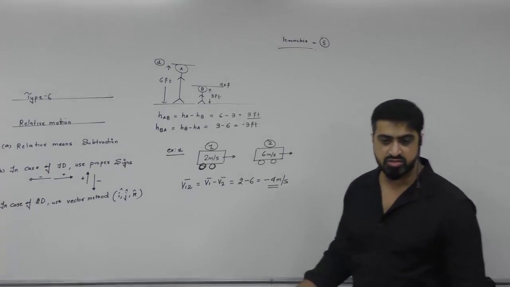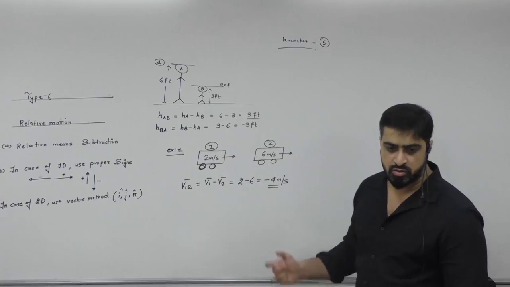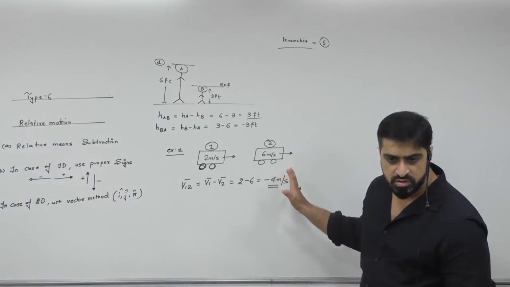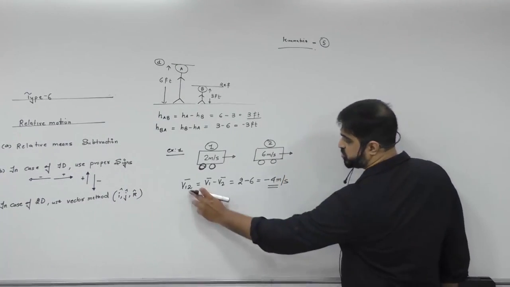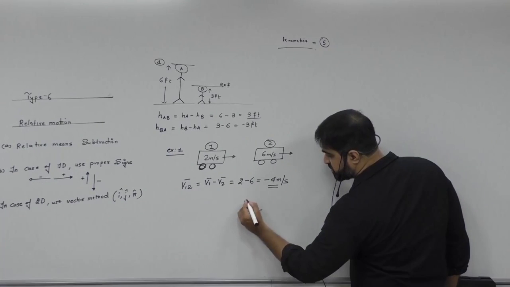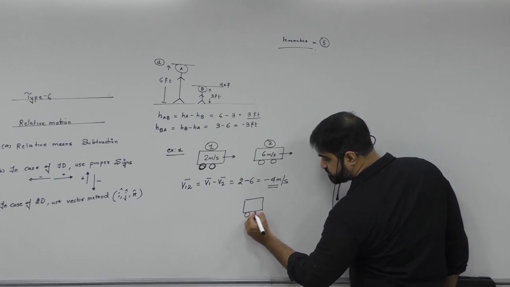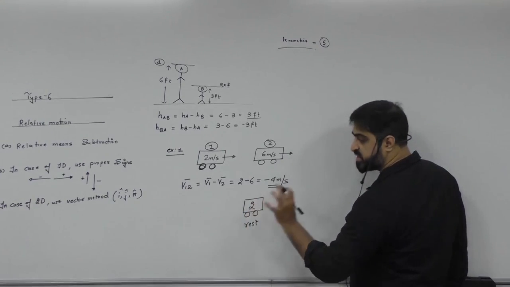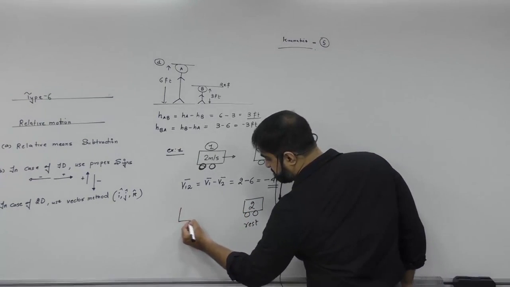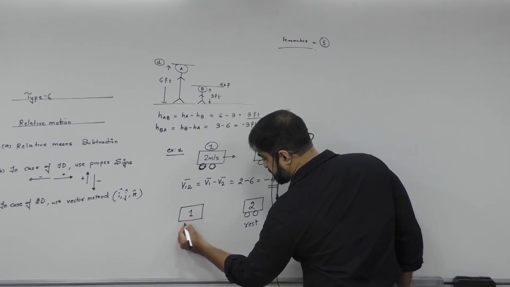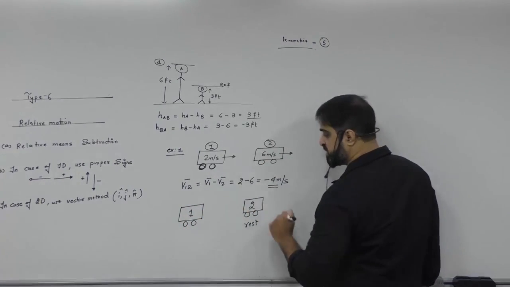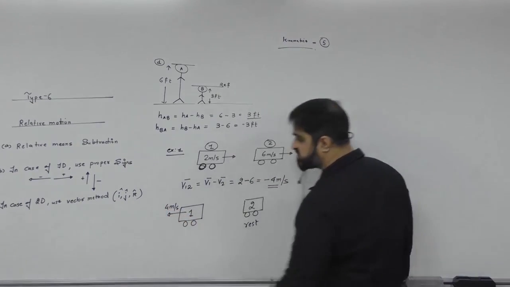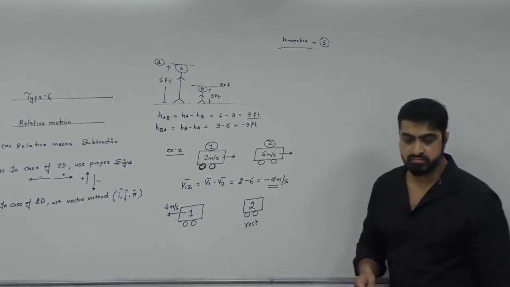What do you mean by this? It means that car 2 is at rest, and car 1 is going with a speed of 4 meter per second according to him.